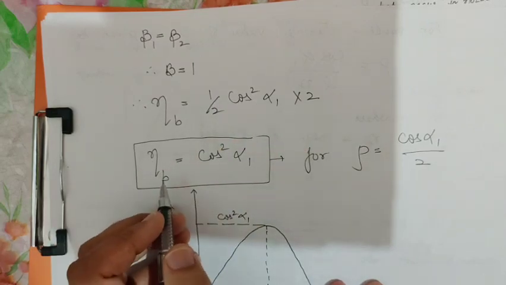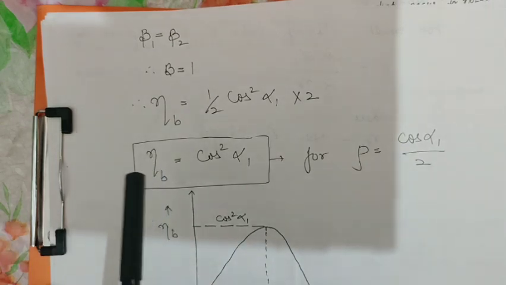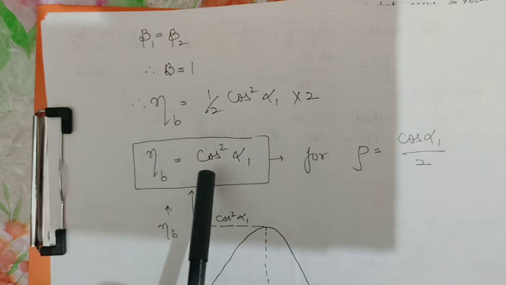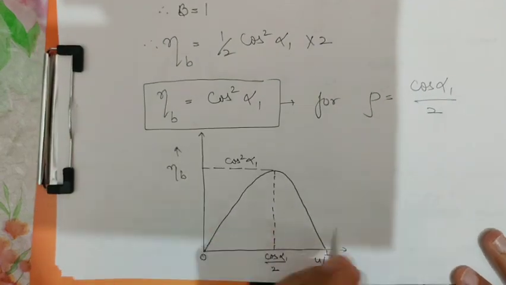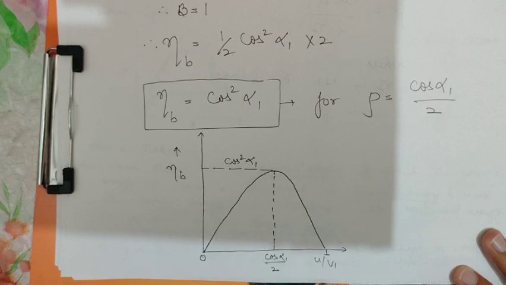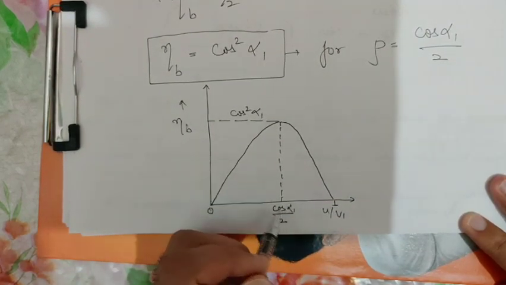So we can determine the maximum blade efficiency of the impulse turbine. Blade efficiency equals cos square alpha 1, for rho equal to cos alpha 1 by 2. So this is the performance diagram for the impulse turbine.